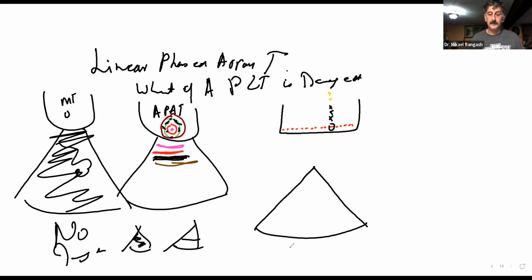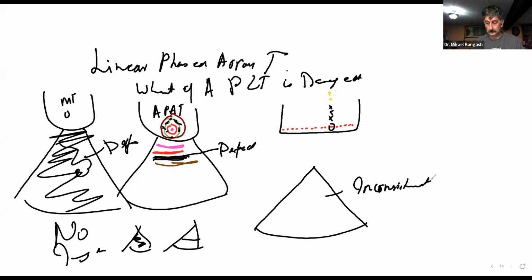Now, this is going to be the only transducer in which we will be saying that the defect of the image is going to be inconsistent, or as your book referred, erratic.